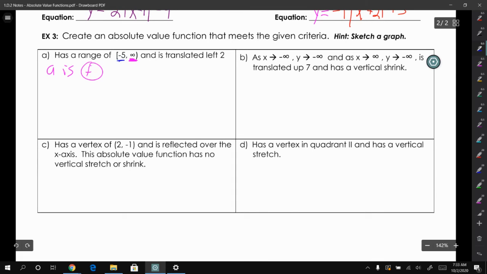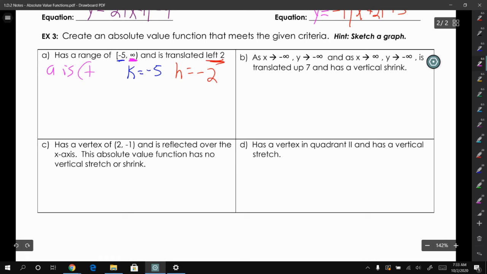Because it has a range starting at -5, that means the k value is -5. And because it's translated left 2, that means my h value is -2.